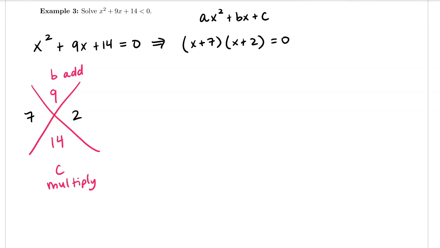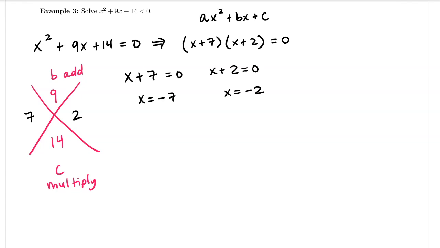Now going back to the property that we just learned, using the zero product principle, I can set each of these factors equal to 0. And if I solve for x, I get x equals -7 and x equals -2. Now, why were these helpful to find, these critical values?